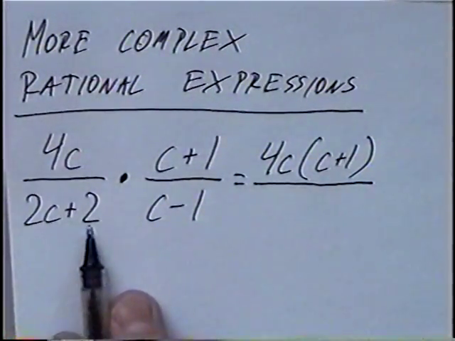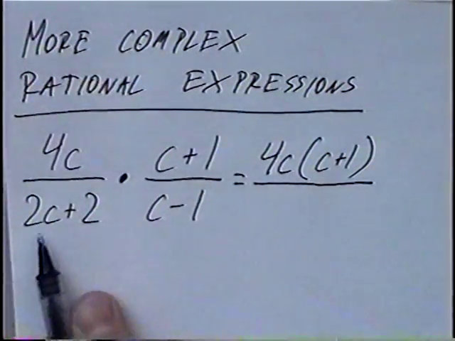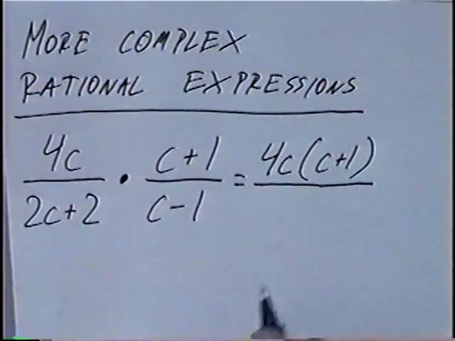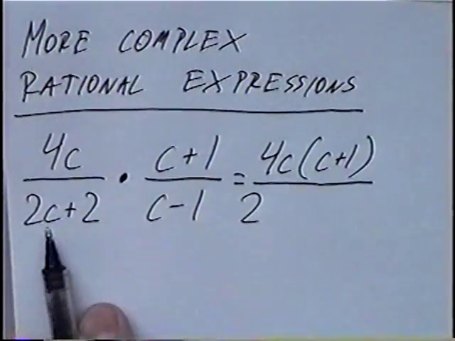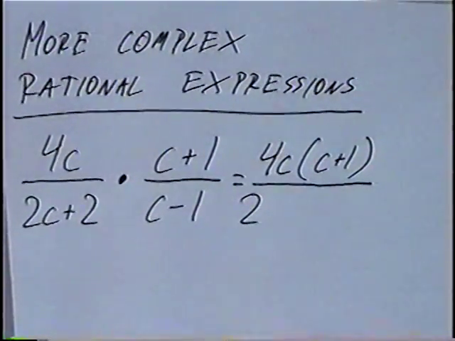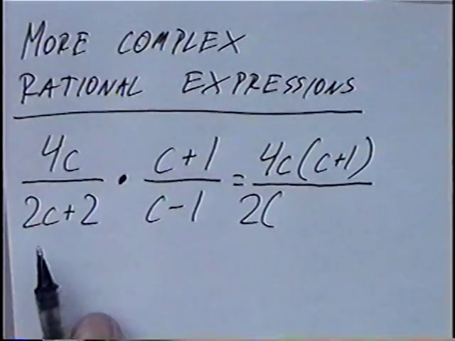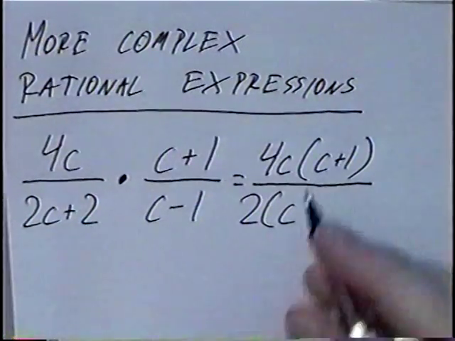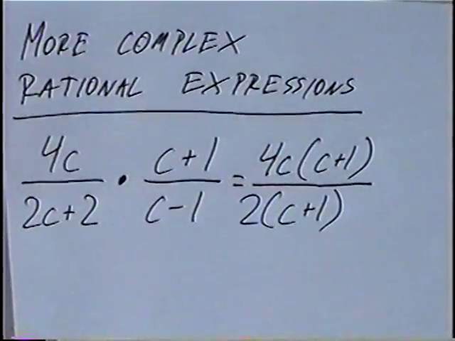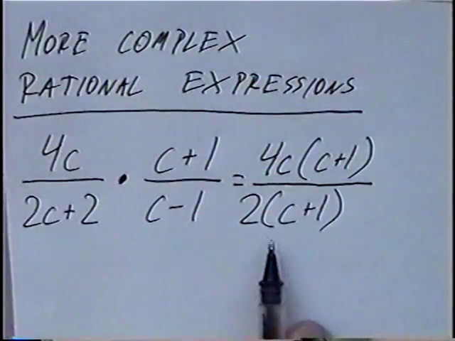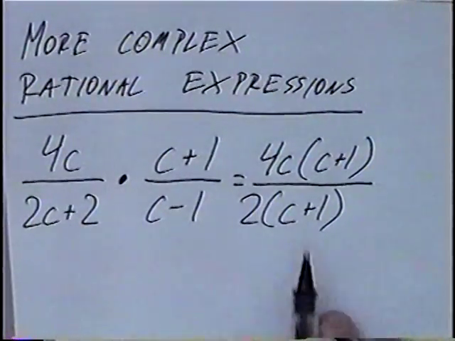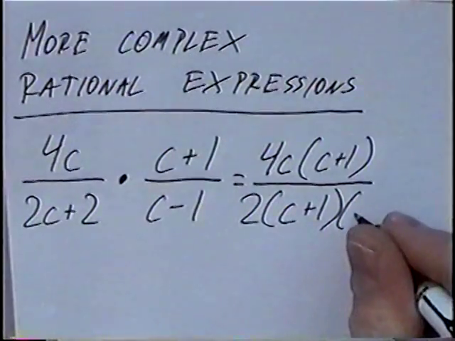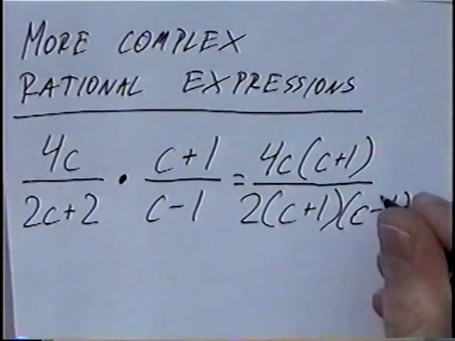The first fraction, 2c plus 2, this one we can factor or take out a common factor. 2 divides into both numbers, so factoring 2c plus 2, we take a 2 out. Dividing by 2, we'll be left with c, and dividing by 2, we'll be left with a positive 1. So 2c plus 2 factors to 2 times c plus 1. Multiplying by a second factor, we can rewrite that c minus 1.